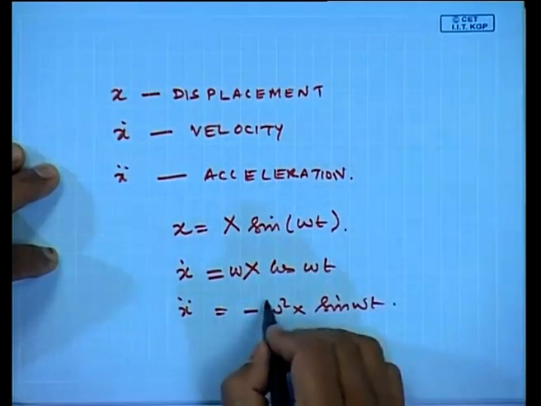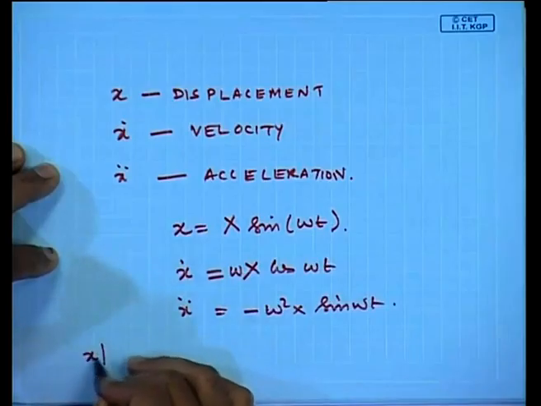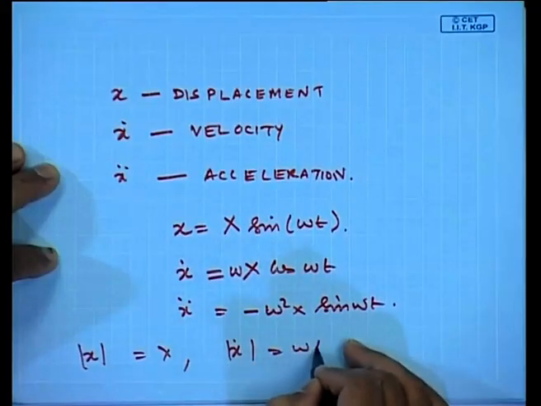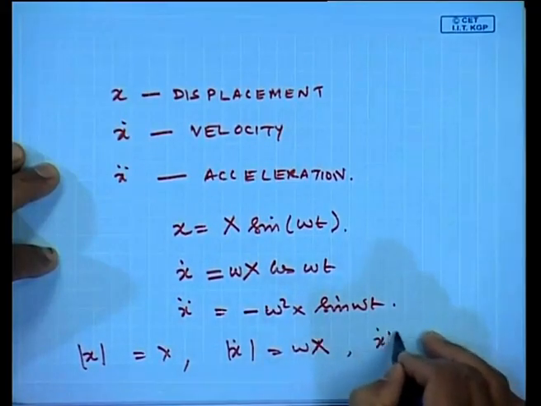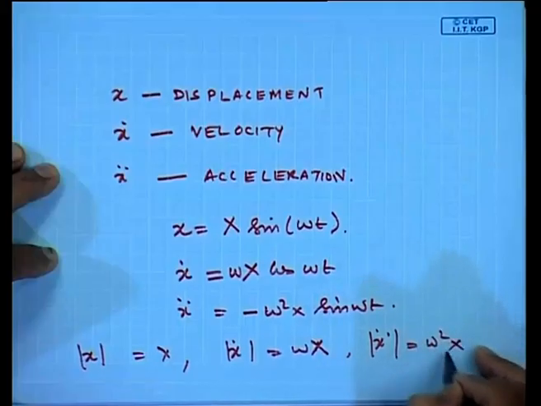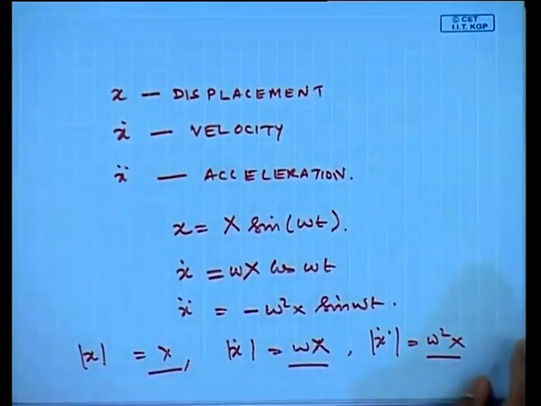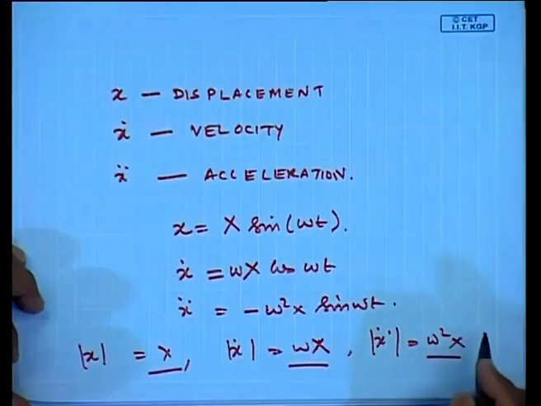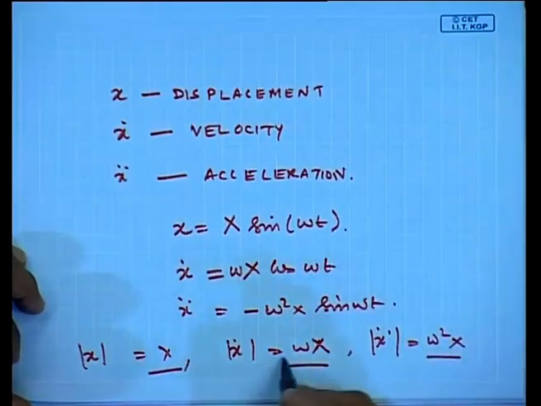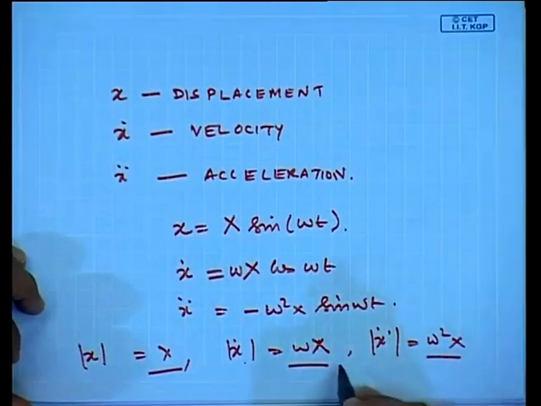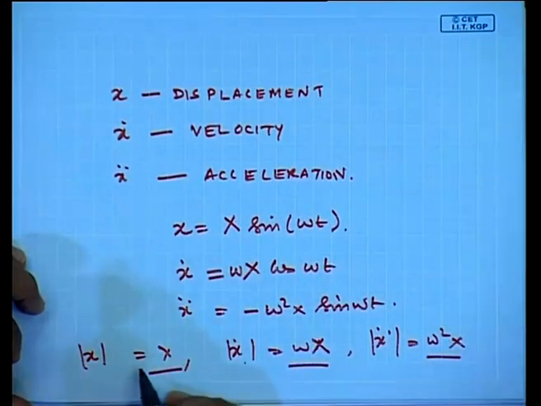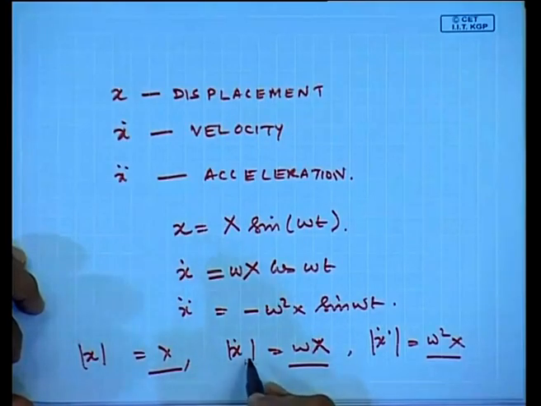So the amplitude of displacement is x, the amplitude of velocity is omega x, and the amplitude of acceleration is omega square x. These three terms, x, omega x and omega square x, as you will see, the velocity and acceleration are dependent on the frequency of motion, and vibration means representing this motion either in the form of displacement, velocity or acceleration.